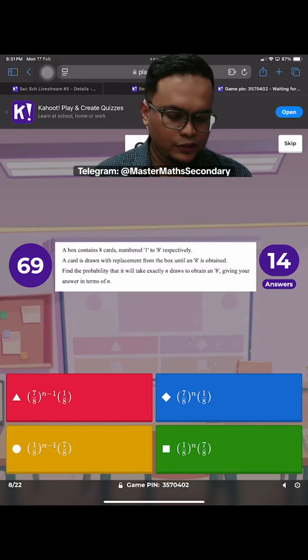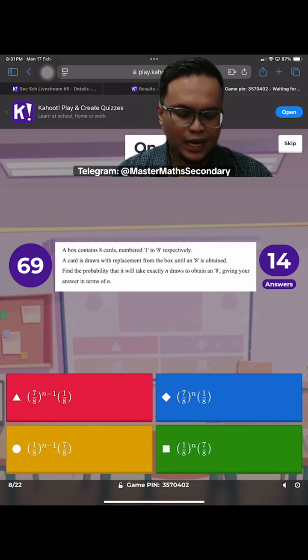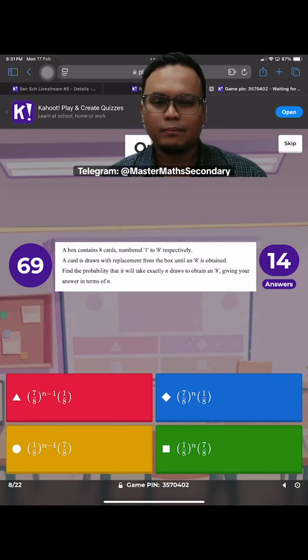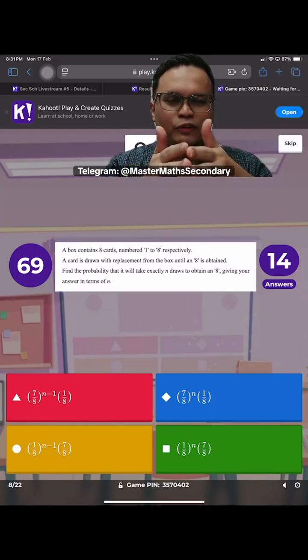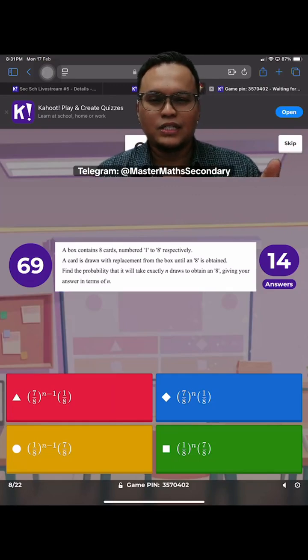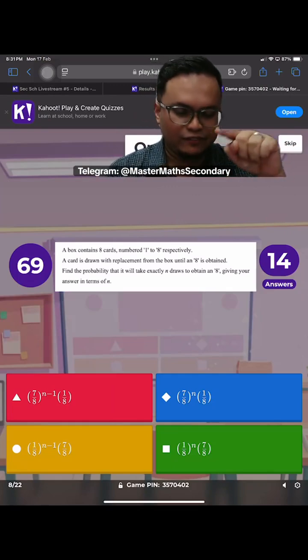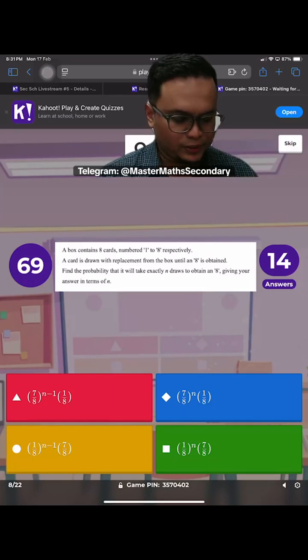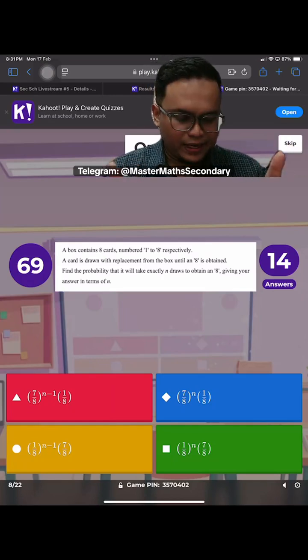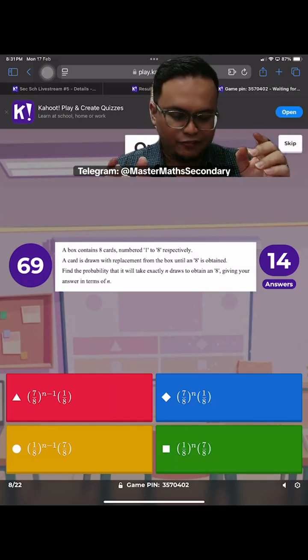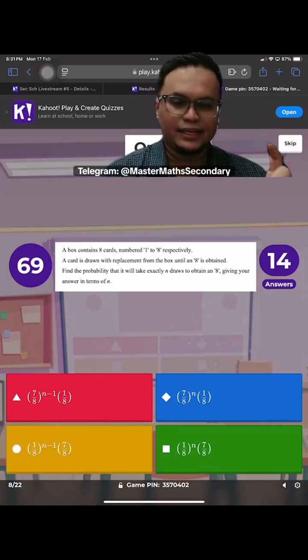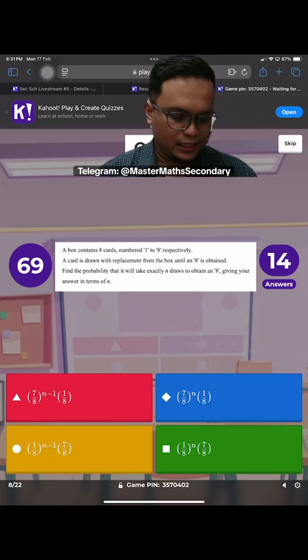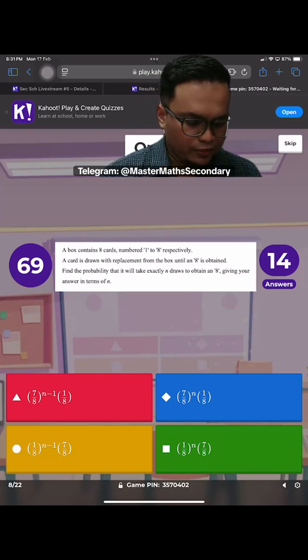Because of that, we are going to take 7 over 8, multiply it with other factors of 7 over 8, and there will be altogether n minus 1 of them. So that is why you see that the answer is 7 over 8 raised to the power of n minus 1, because there are n minus 1 factors of 7 over 8. Now only the last number is an 8, and the probability of getting an 8 is 1 out of 8. So that's how we arrive at this answer here.